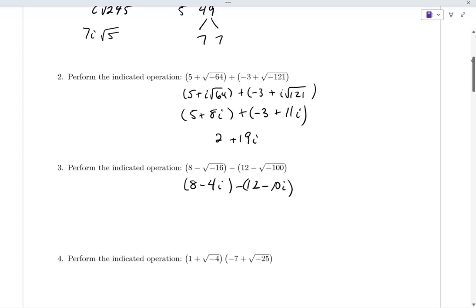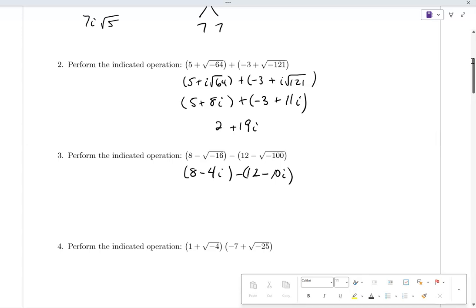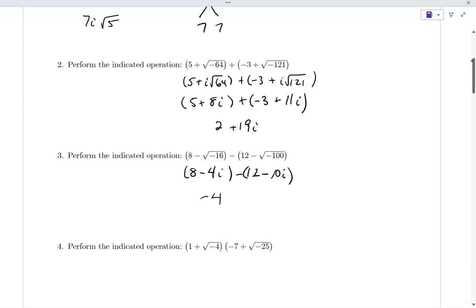And now we just need to subtract, making sure we distribute our minus to both pieces, right? 8 minus 12 gives you negative 4. And then we have negative 4i minus a minus 10i.